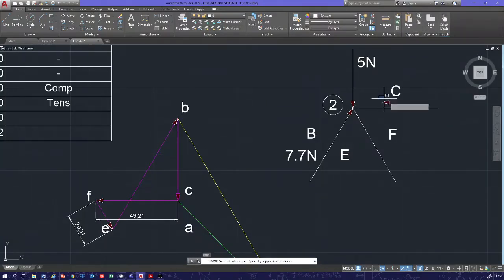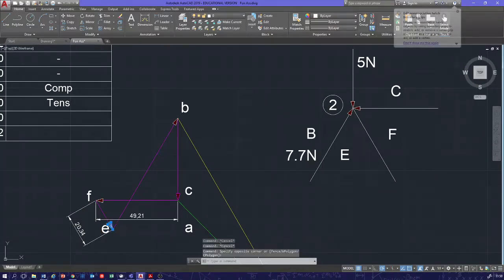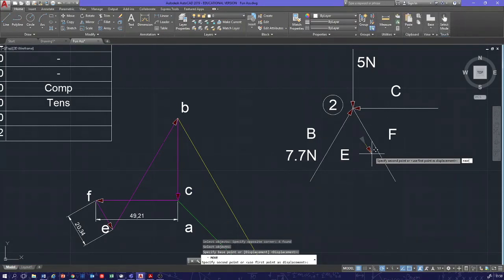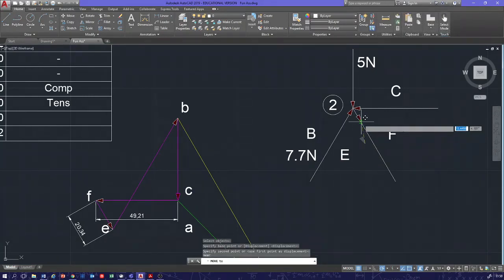Okay, so move that from there to there, and then we're going to just copy this one. Okay, and then we're going to move that from there to there. So we've got those arrows around the joint.